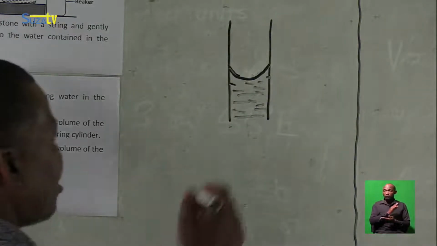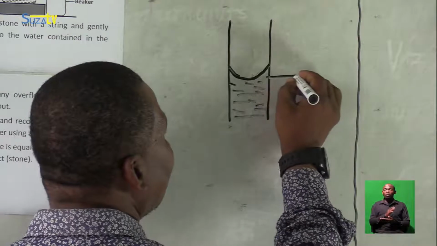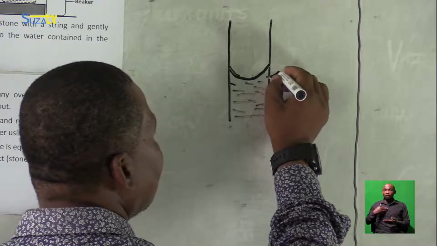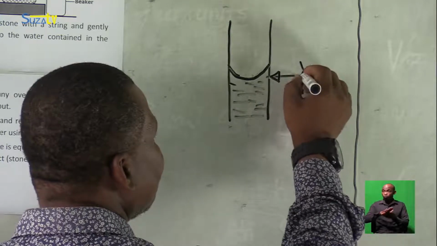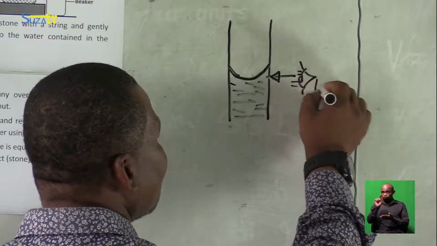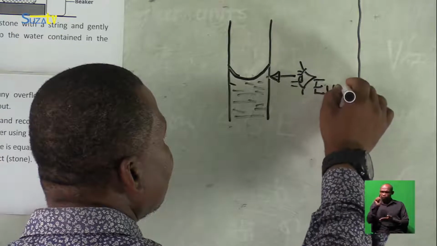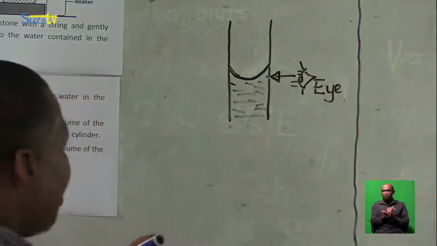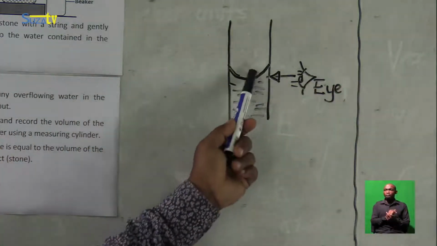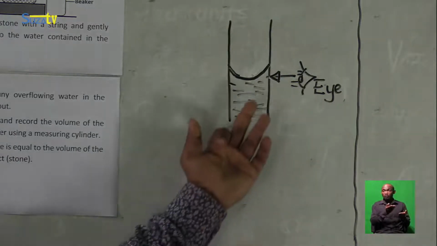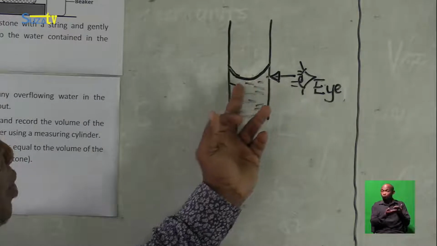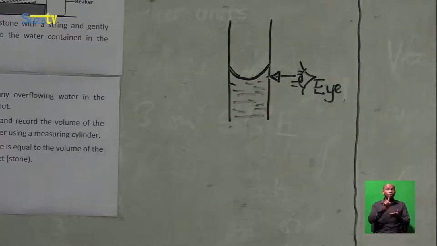So always we have to read at the bottom. This is your eye. This is called the meniscus. So always we have to measure and read at the bottom of the meniscus and not at the top of the meniscus.